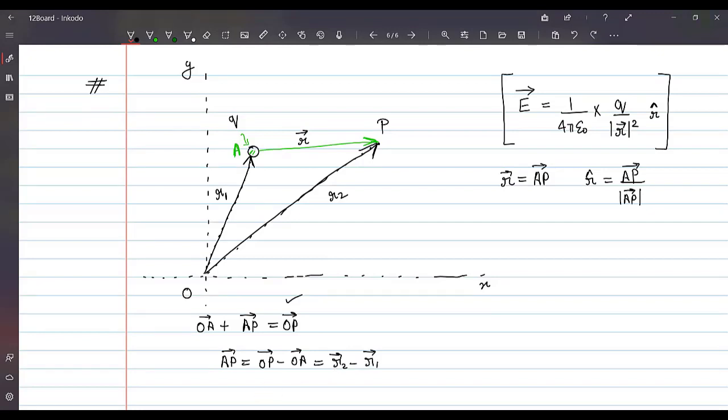So you can write your R cap. R cap was AP vector by mod of AP vector. AP vector is R2 vector minus R1 vector, and mod of AP vector is just the mod of R2 vector minus R1 vector. You can put this R cap in here, and then we'll get something.